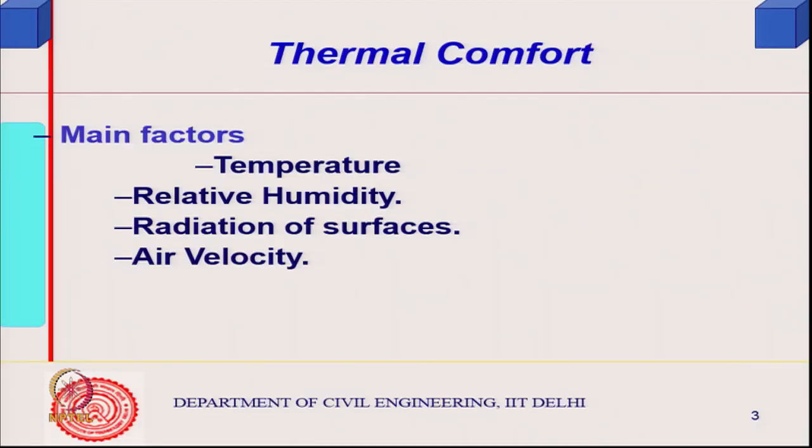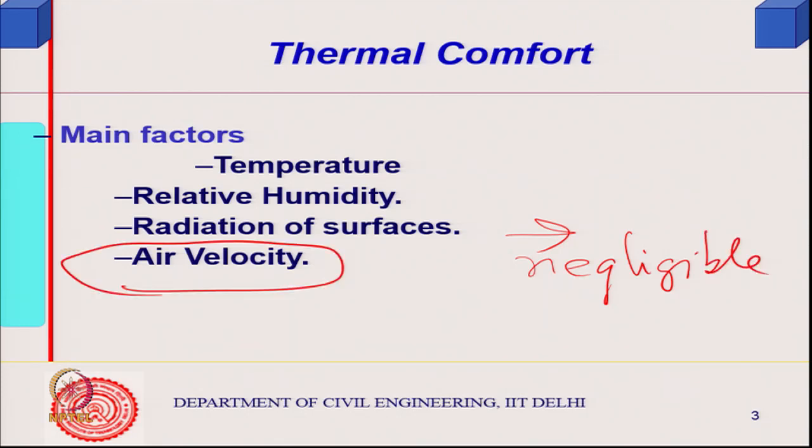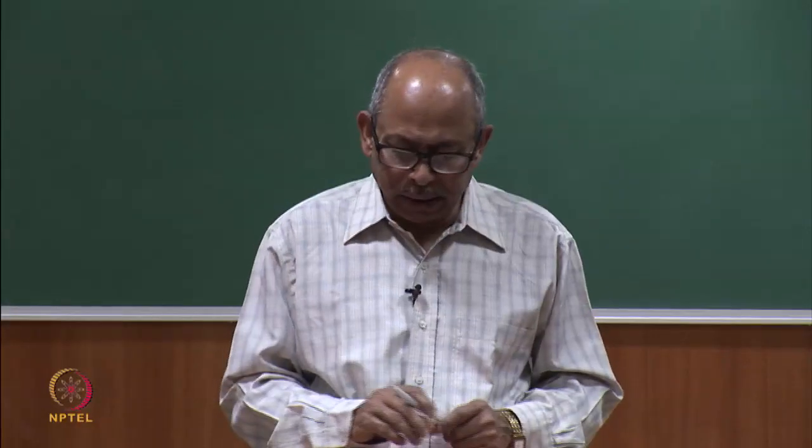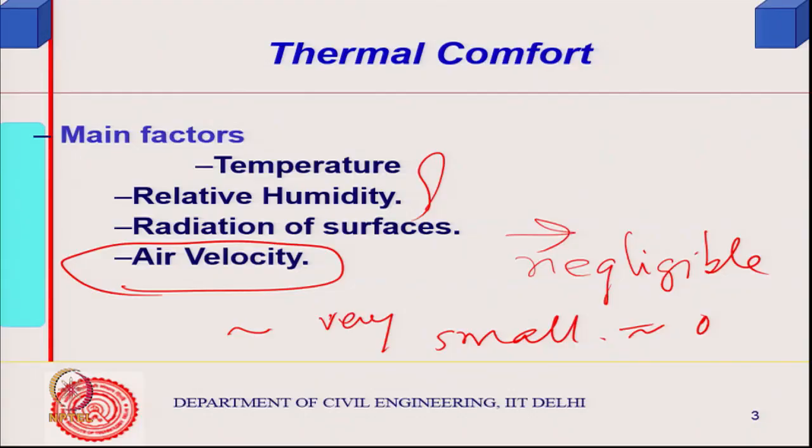So, radiation from the surfaces would be negligibly small in our case, and air velocity will be very small, nearly 0, because we will not put on a fan or something of that kind inside an air conditioned room. So, these are not important, but these two are very, very important.